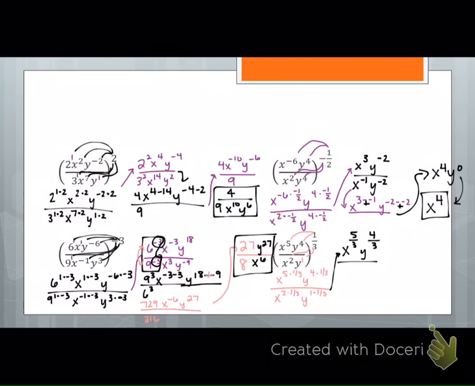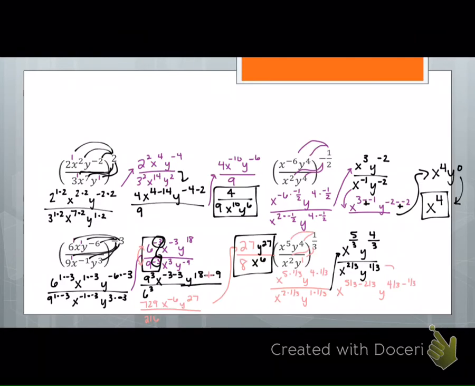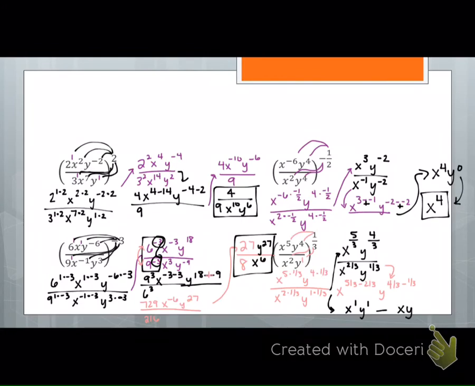And then 1 times 1/3 is just 1/3. Okay, what do we do with the exponents? We have 5/3 minus 2/3 and 4/3 minus 1/3, which moves down to x to the 1, y to the 1, which is just xy.